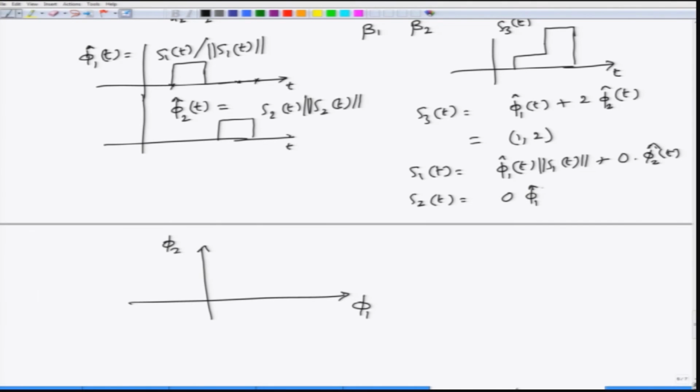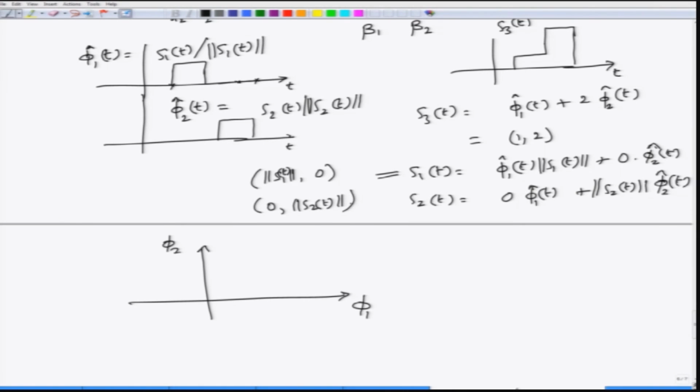and it would be 0 times phi 1 of t for S2 of t plus S2 of t norm times phi 2 of t. So, this can also be equivalently represented by two numbers, which is S1 norm, which would be a number, and 0. This one can be written as 0 and S2 of t norm.